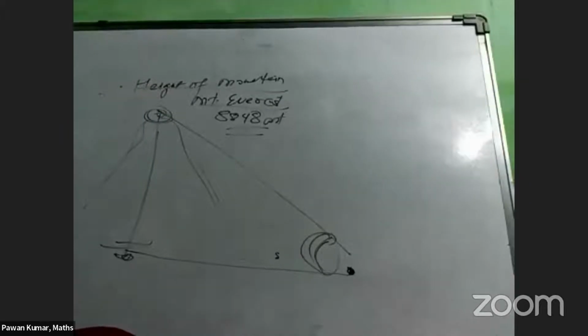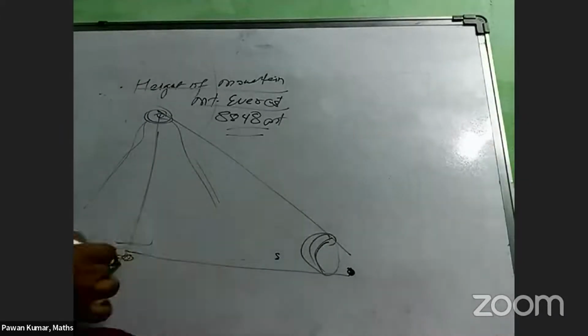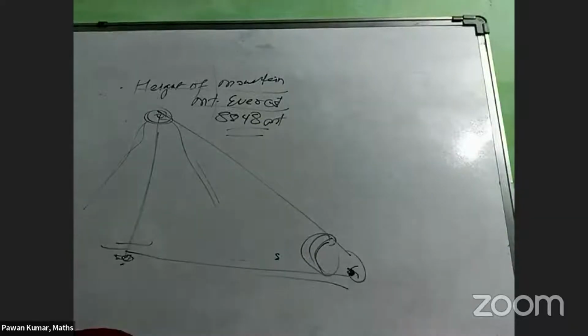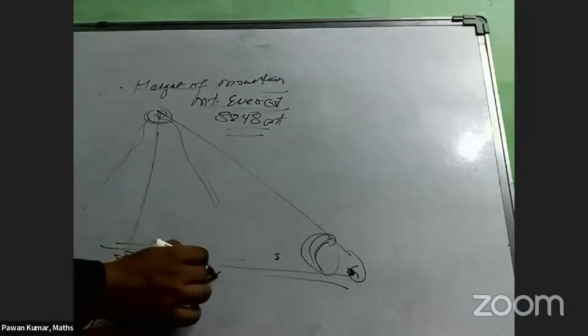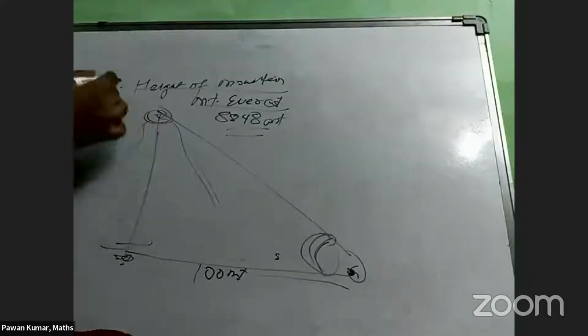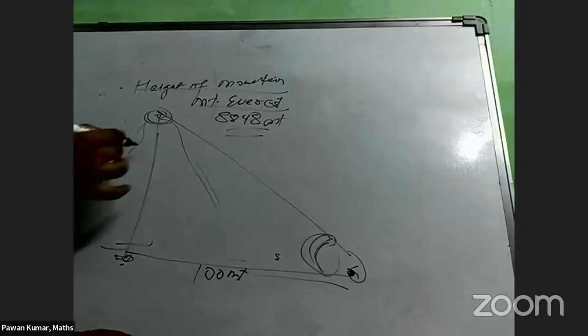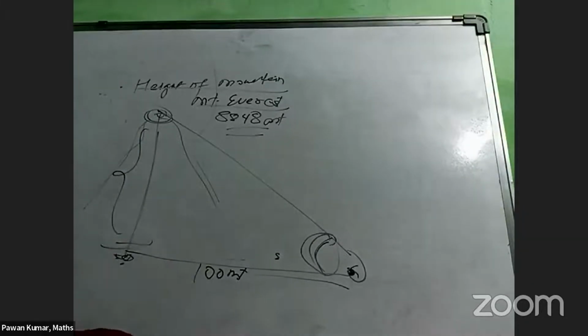This distance we can calculate, so this is 100 meters, and we calculate the angle here. If I get this angle, we can definitely get this height, by using the side ratios.